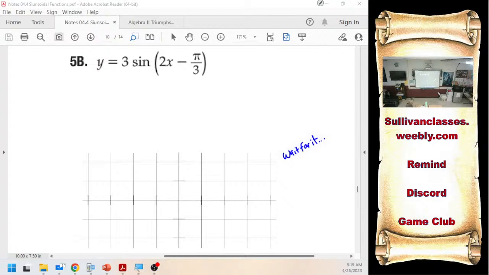The realization that now you need to do common denominators. Because the phase shift is pi over 6 and your quarter marks are pi over 4. Oh, yes, you do.